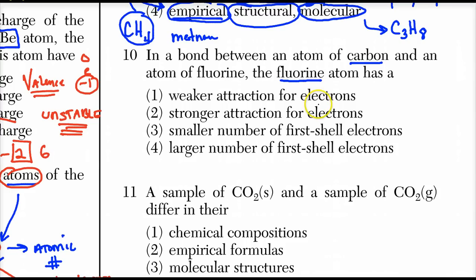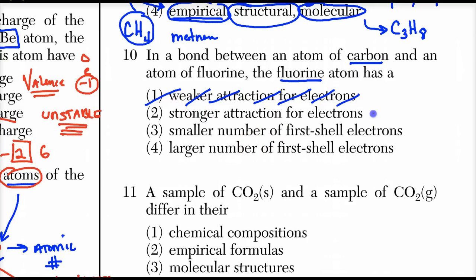So, careful. The fluorine atom has a weaker attraction for electrons? I don't think so. Fluorine has a greater attraction because it's off to the right and it's the smallest atom, so it has the largest electronegativity, a stronger attraction for electrons.